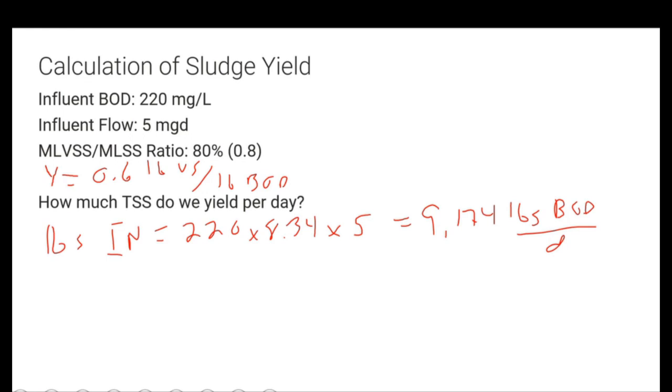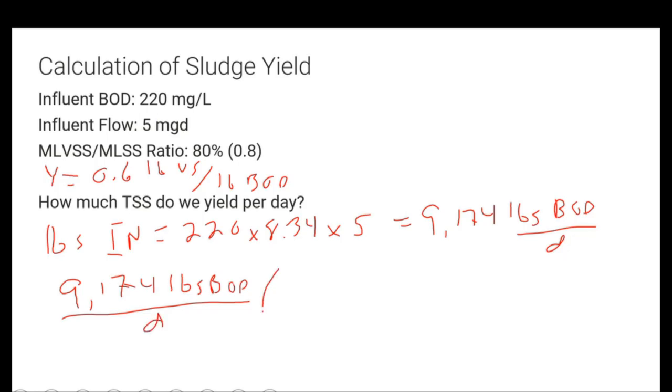All right, so what we're going to do is take our pounds coming in, 9,174. And what I find helps me the most when I do this is if you actually write it as a fraction. So it's pounds of BOD per day.